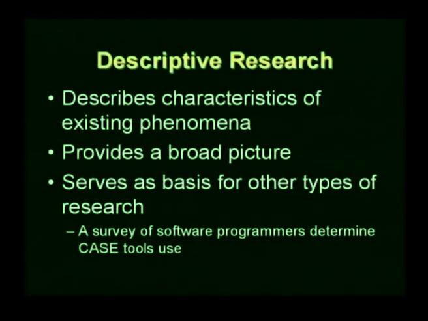An example could be a survey of software programmers to determine computer-aided software engineering tools. So this type of research is called descriptive research, in which you do not conduct any experiment, and this type of research basically describes characteristics of an existing phenomenon and the variables that play an important role in that phenomenon.